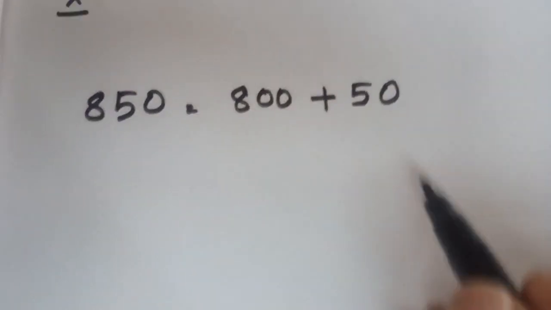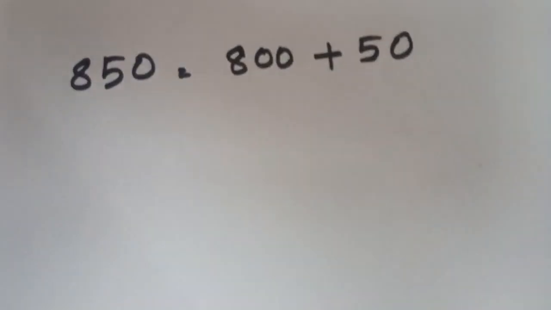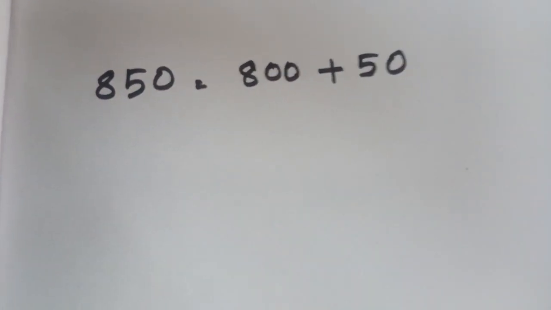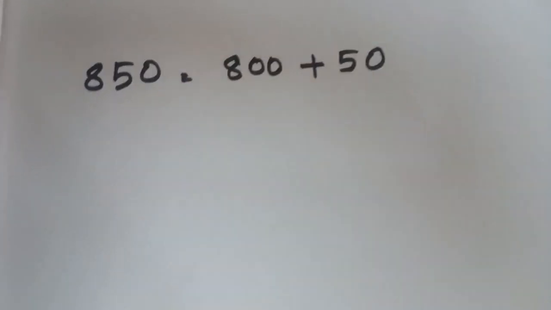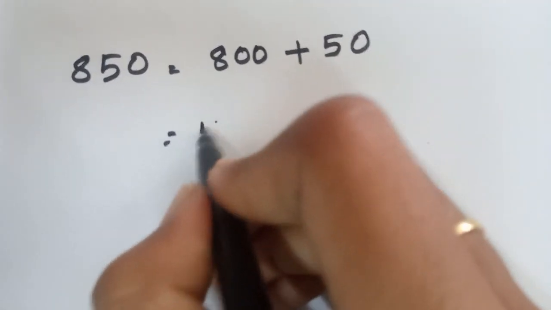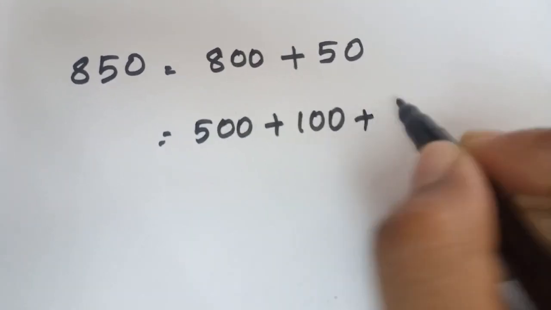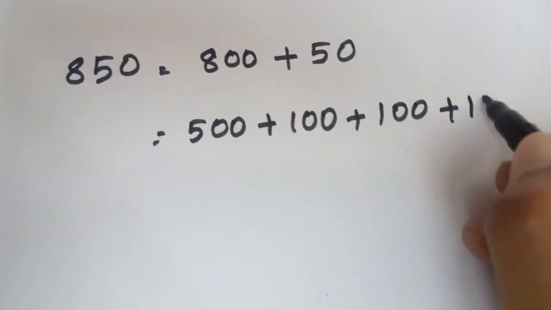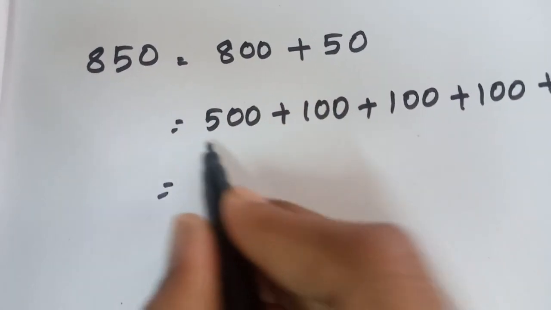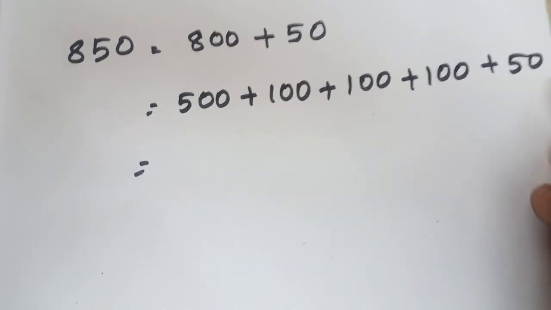Again I am going to split 800 using the table of Roman numerals and Indo-Arabic numerals: 500 plus 100 plus 100 plus 100. The last one is 50. So now I have split it: 500 plus 100 plus 100 plus 100 plus 50.